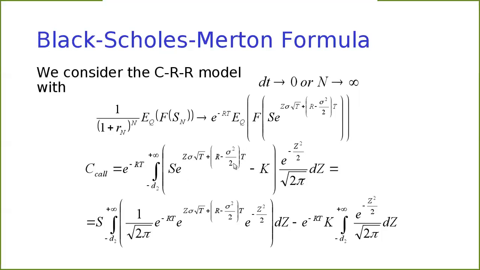Market price at time capital T according to our theorem is this value. But risk neutral measure, we mentioned that it is the normal distribution. So it is a measure of normal distribution. It looks like this.